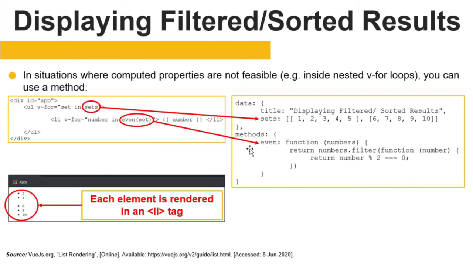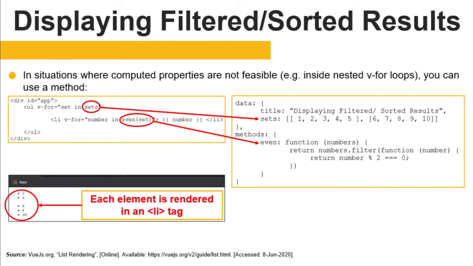In every iteration of this li element having the v-for directive, we are able to pass here set, as an element of sets, which contains numbers from 1 to 5 and 6 to 10 for every iteration. The idea is to return, using the filter function, only those even numbers within the array, just like the previous example.